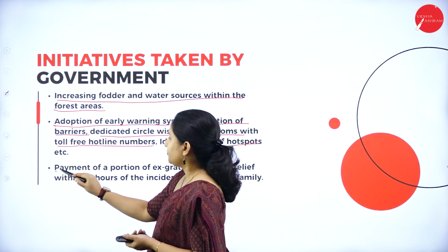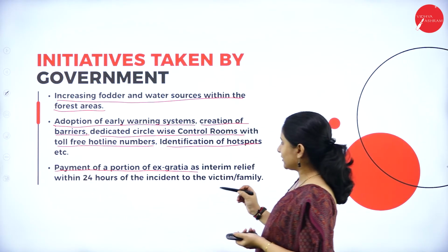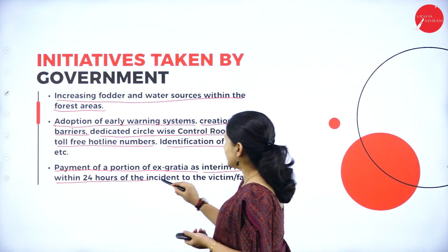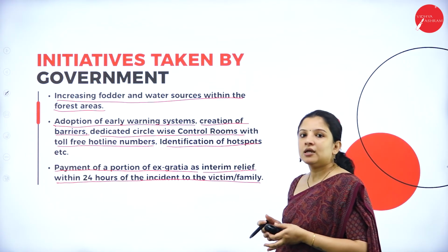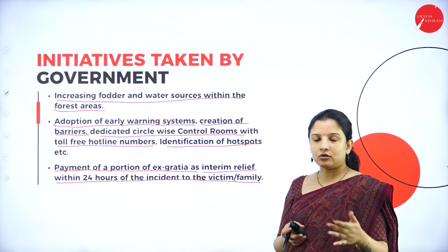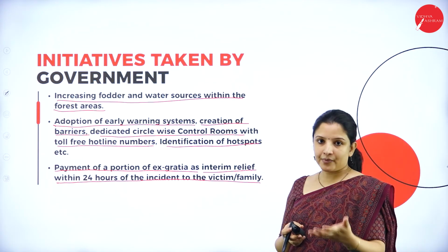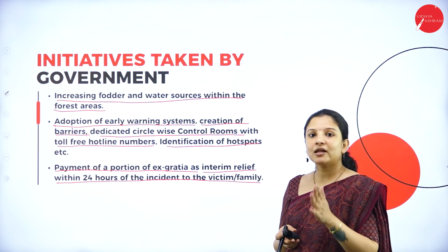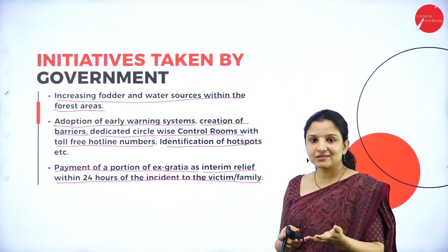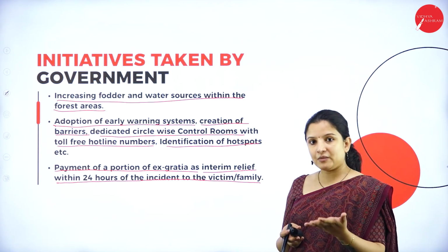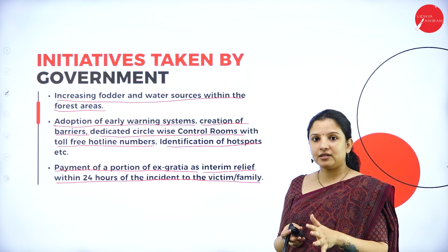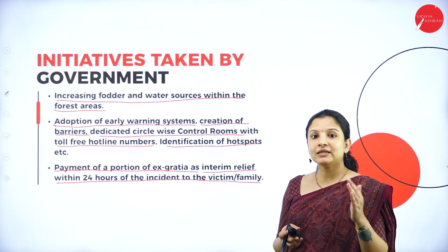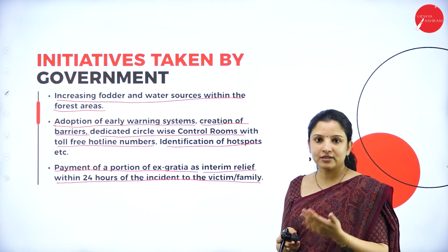Next is payment of a portion of ex gratia as interim relief within 24 hours of the incident to the victim family. Suppose a tiger or a cheetah kills a person. So within 24 hours, at least a certain amount of compensation should be paid to that particular family, so that they don't get agitated and they don't try to kill the animal, leading to further conflicts between humans and wildlife.